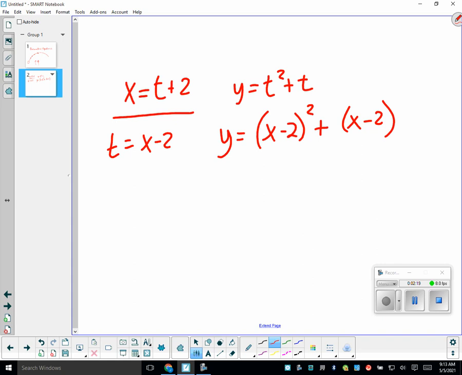Does that make sense to you? So what does y equal? What is this? Plus 4 plus x minus 2. You all remember the shortcut formula in that, don't you? So what is y equal to?